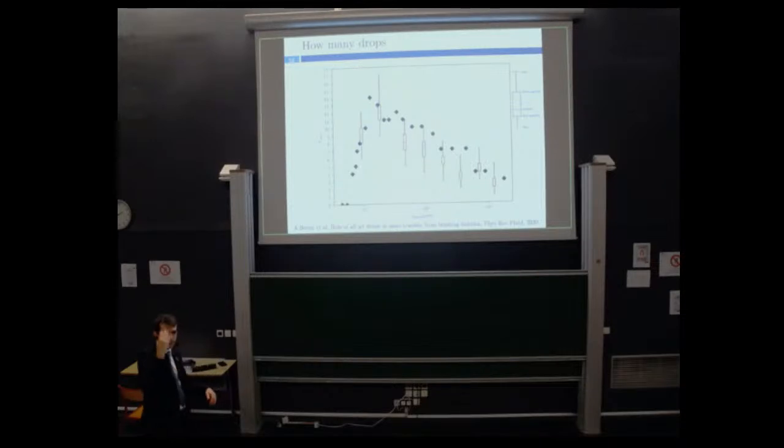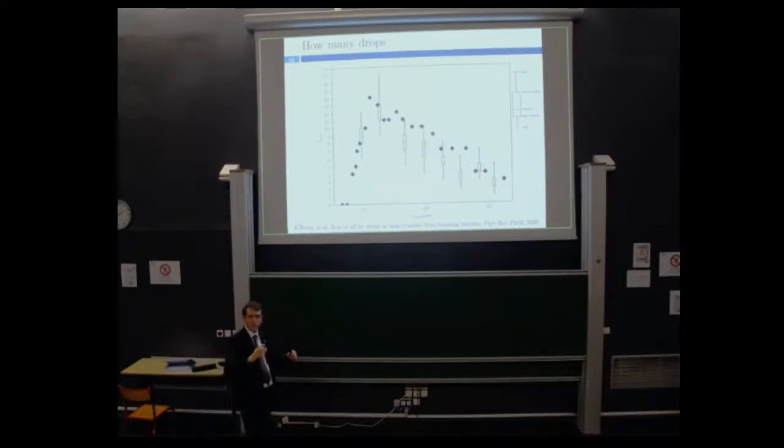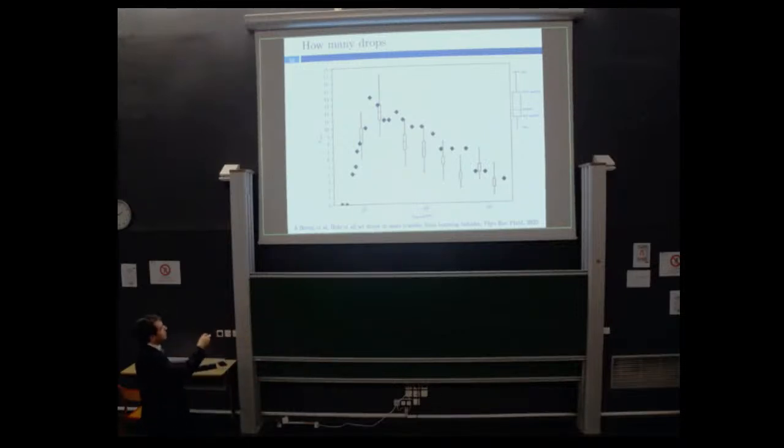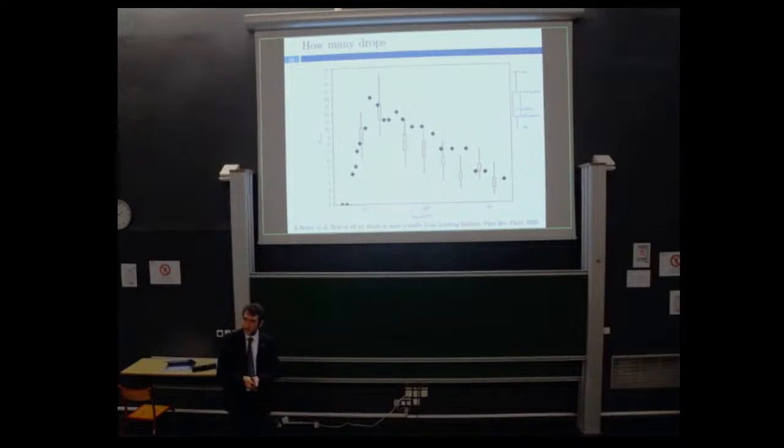Then the boxes here correspond to the center of the distribution. So you've got 50% of the distribution inside the boxes, and then the whiskers you've got above that represent the entire range of the number of ejected droplets for each bubble size.